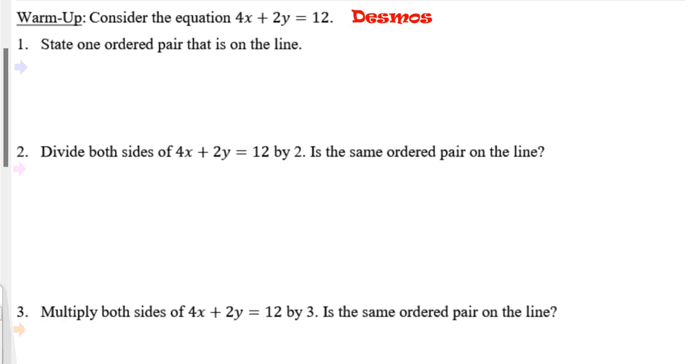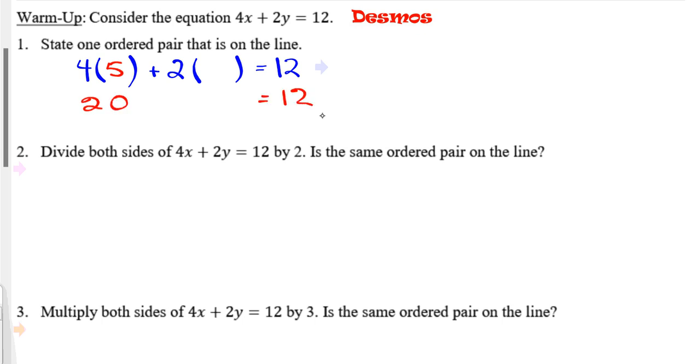All right, hopefully you've completed the questions. For question number 1, we are interested in the equation we have above, the 4x plus 2y equals 12, and we're looking for an ordered pair that makes the equation true. So I'm going to go with my x value being 5, so that 4 times 5 gives me 20, and I want my final answer to equal 12, so I'm going to have to subtract 8 from that.